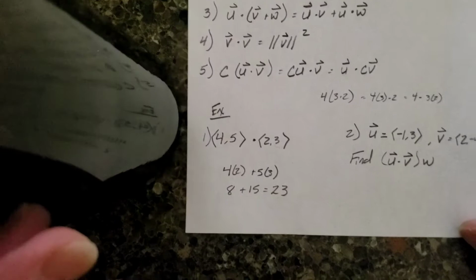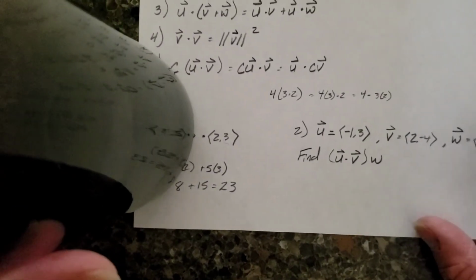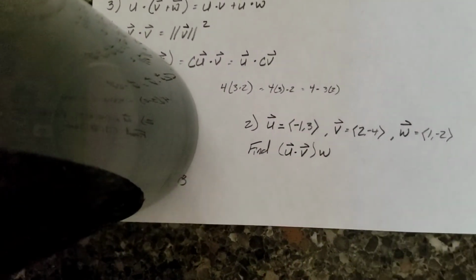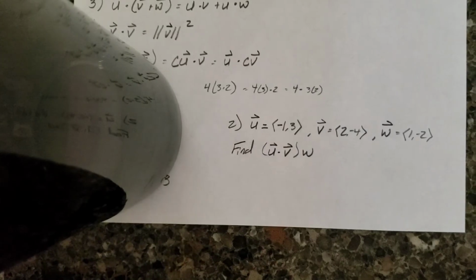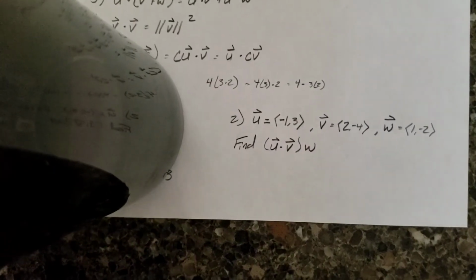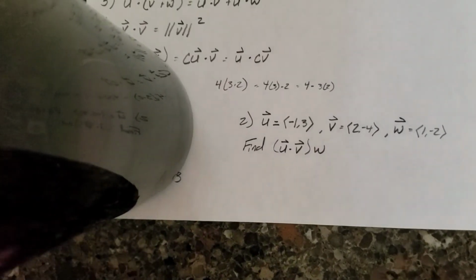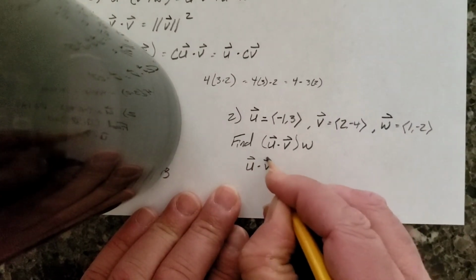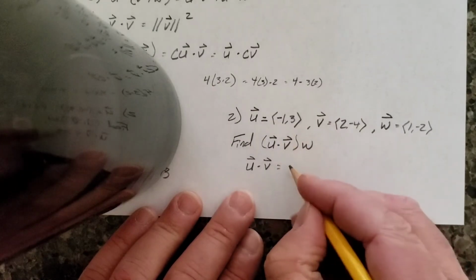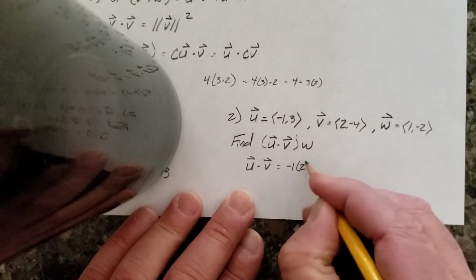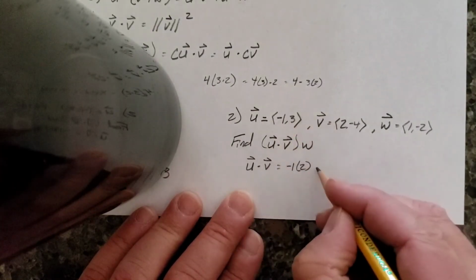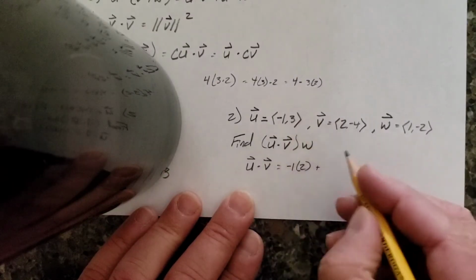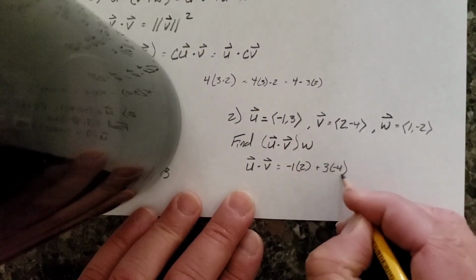Okay, now I'm going to have another one that's a little more extensive. I've got 3 vectors, u, v, and w, and I want u dot v times w. So first we're going to do u dot v, and that's going to be negative 1 times 2, plus 3 times negative 4.